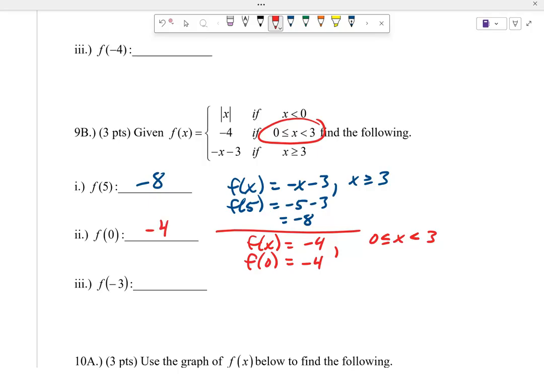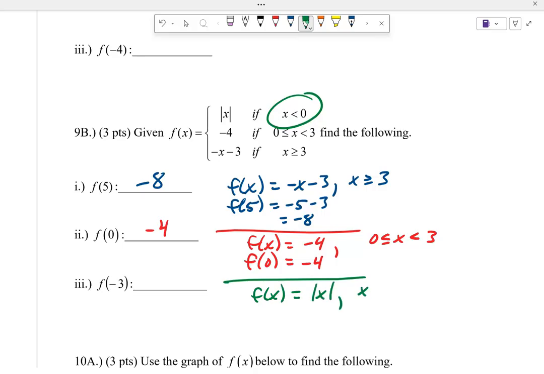It's just negative 4. Now I'm going to plug in f of negative 3. Is negative 3 less than 0? Yes, it is. So I'm using f of x equals the absolute value of x because negative 3 is less than 0.